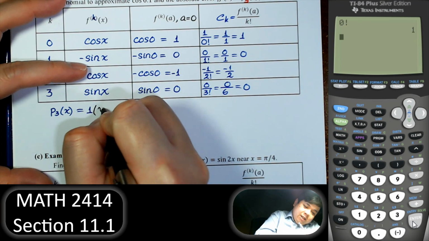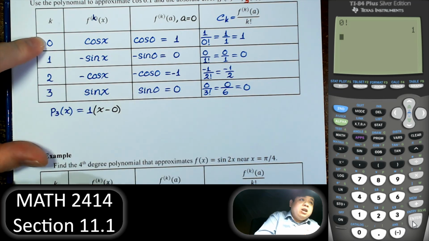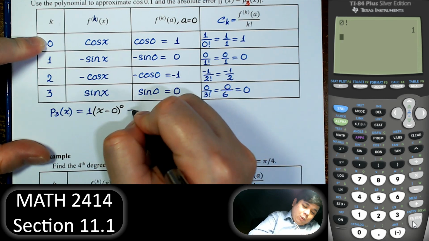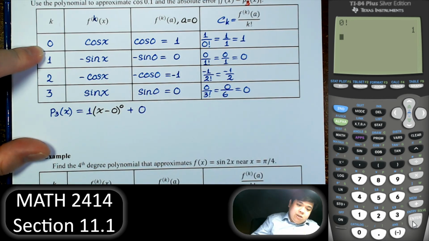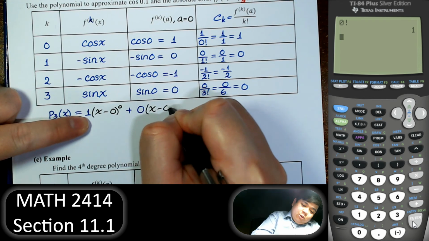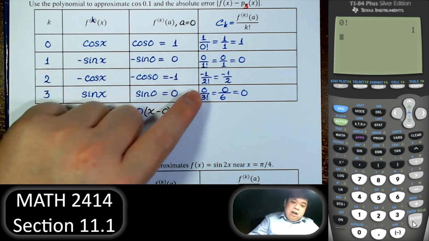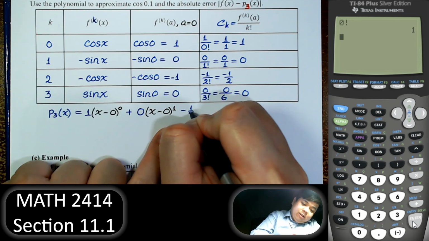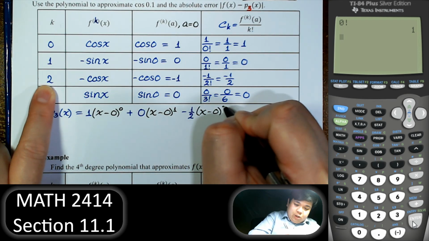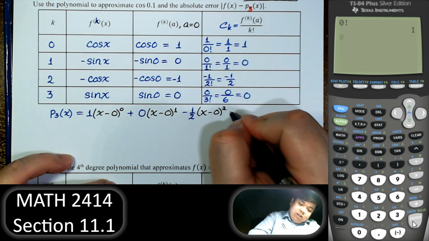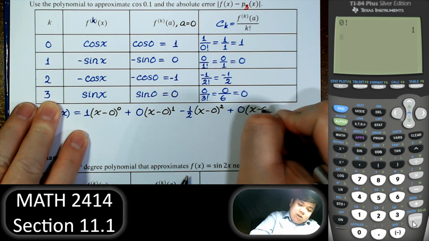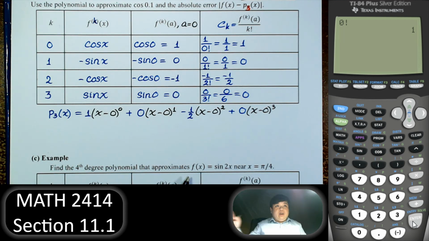So this is x minus 0 for k equal to 0, so the power will be 0. Next, we have 0, that's the coefficient, times x minus 0 to the first. The next coefficient is negative 1/2, for k equal to 2, so x minus 0 squared. The next coefficient is 0, times x minus 0 cubed. And this can go on forever.